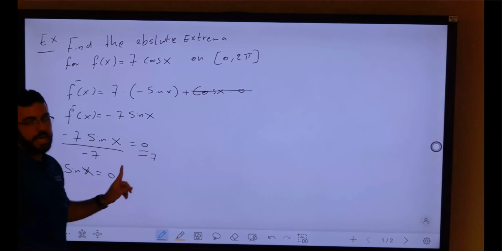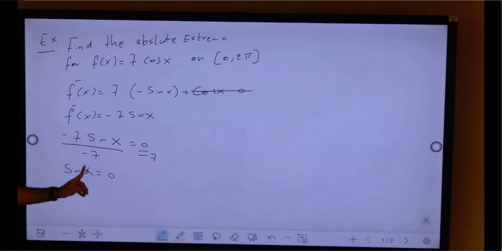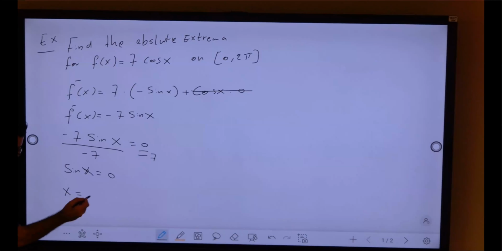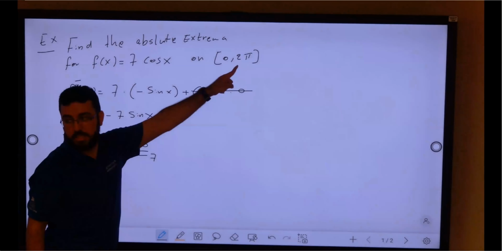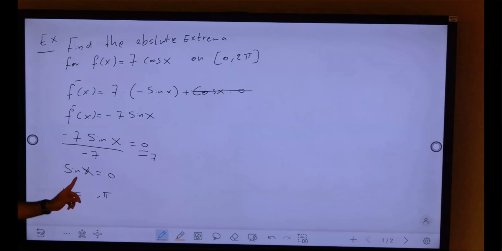Sine pi is 0, so that means x equals pi. What's the next number? What else? Negative pi? No, because negative pi is out of the interval. I guess just pi.